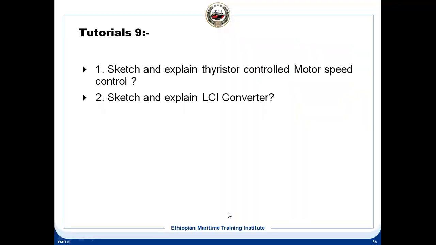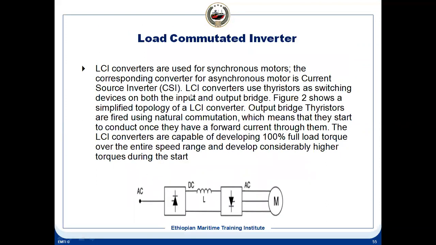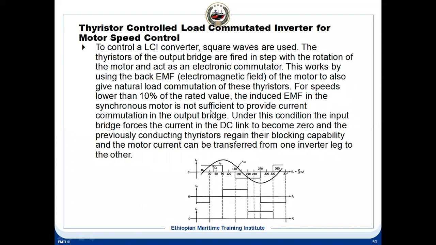The second question is: sketch and explain an LCI converter. You can draw this diagram or this diagram, a 6 pulse LCI converter. How is it working? It is used with synchronous motors and switching applications. Here we are using thyristors. In LCI converters, square waves are used.